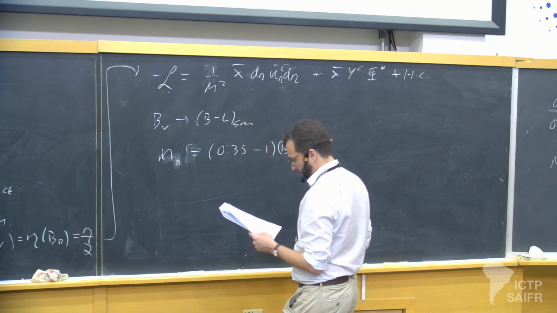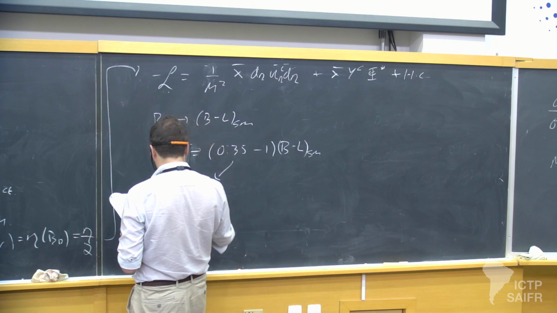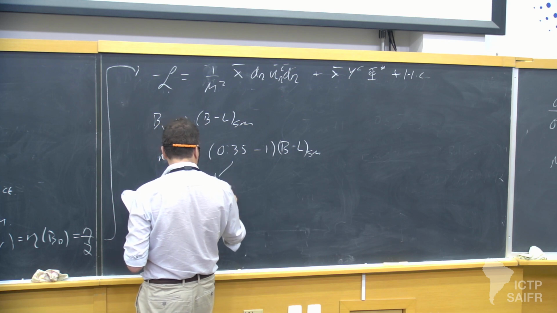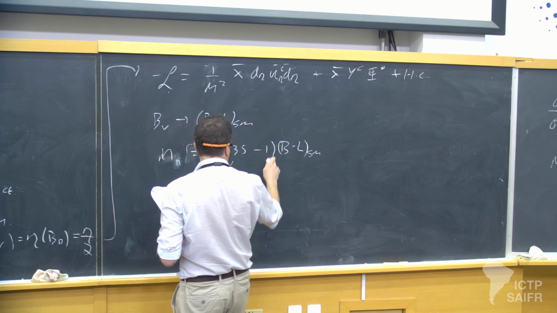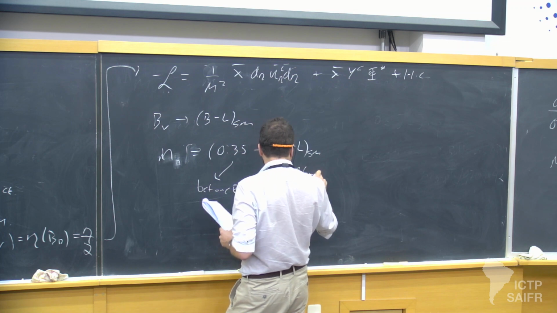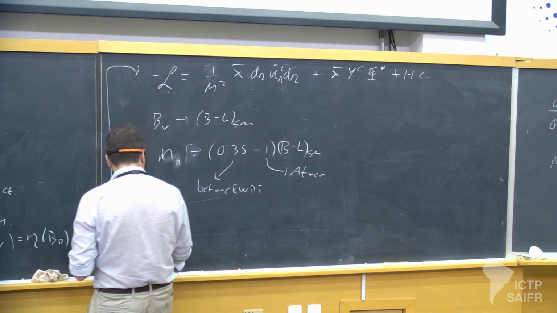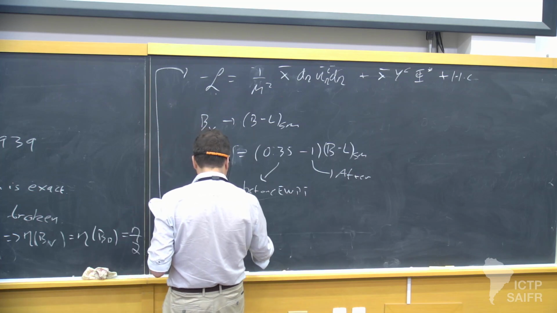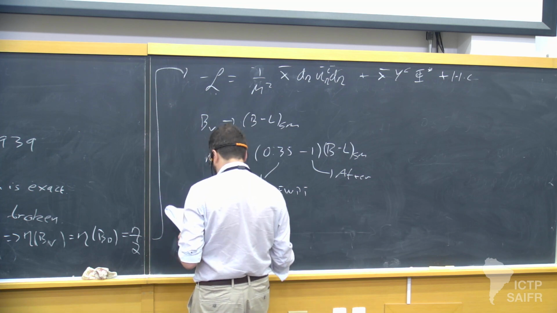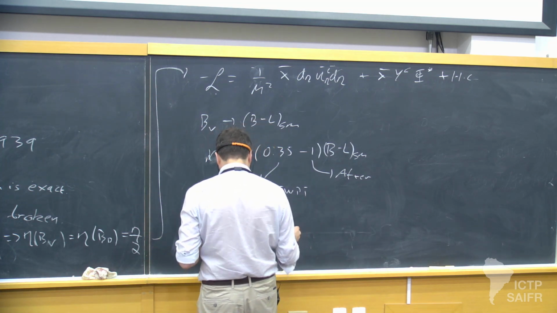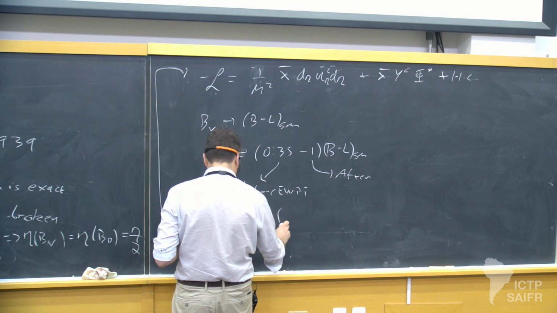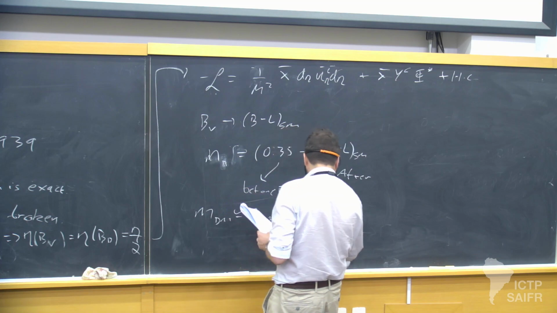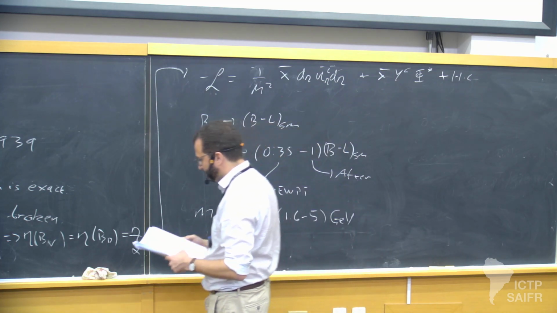This is if the asymmetry is generated before the electroweak phase transition, and this after, when the sphalerons are switched off. So in this scenario, M dark matter is given by the dark matter charge, the generalized B minus L charge, and the mass is about 1.6 to 5 GeV.